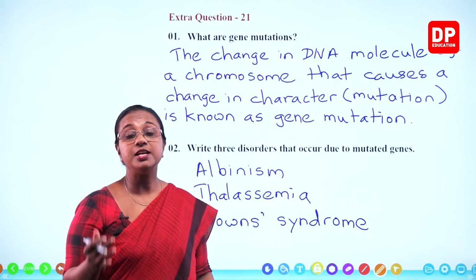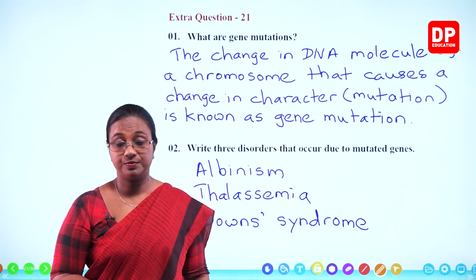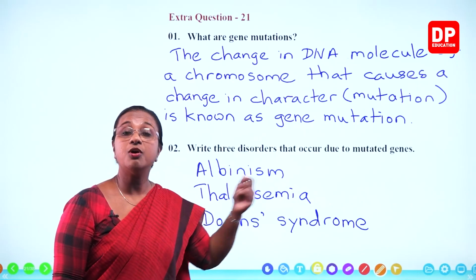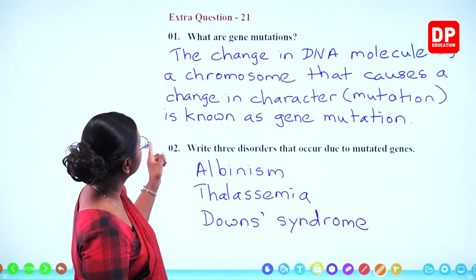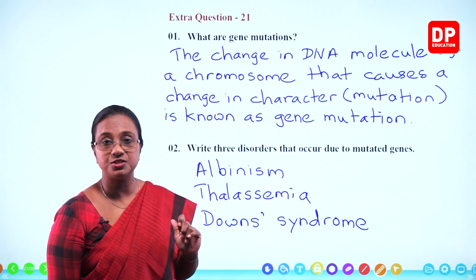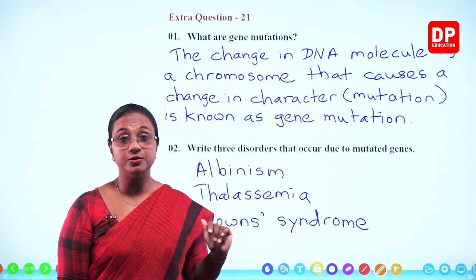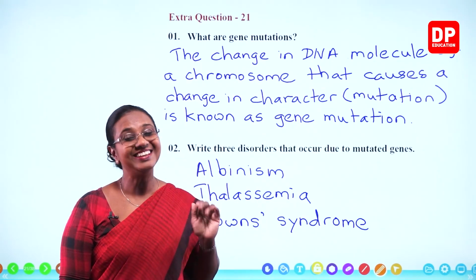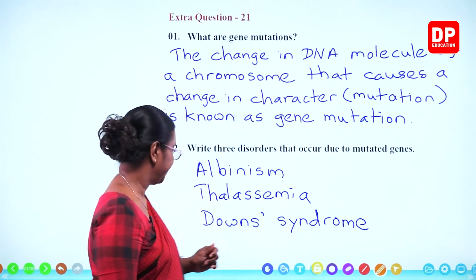In addition to that, you can also write Turner syndrome and Klinefelter's syndrome. So those are all caused by gene mutations or mutated genes. The changes in DNA molecule of a chromosome that causes a change in character is known as gene mutation, and these are examples of disorders that occur due to gene mutation. So I'm sure you all also have written a correct answer. With that, students, we'll move on to the next slide.